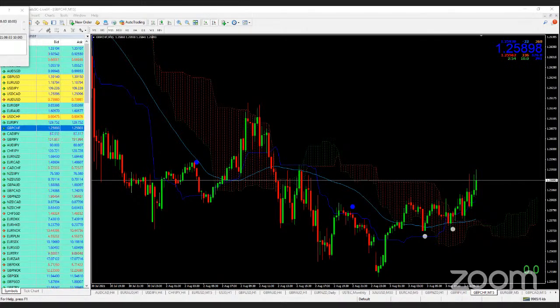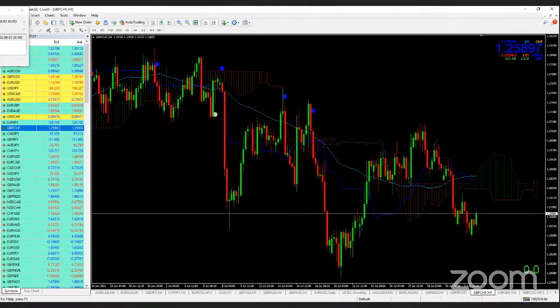We're most likely going to be jumping into it. We have a bullish butterfly pattern here on the pound CHF.